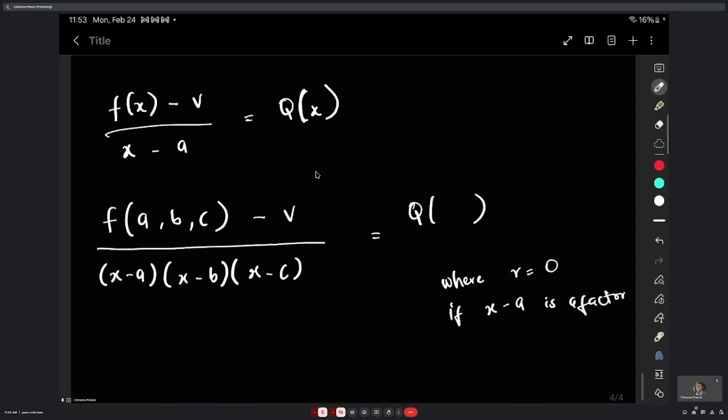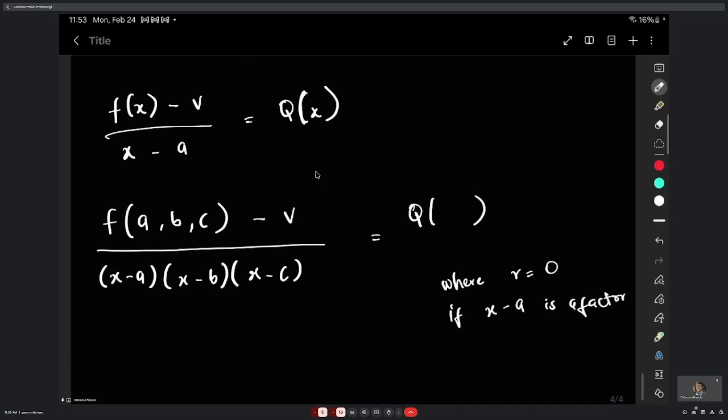Wait, I'm confused, because we are not supposed to even have f of a, b, c. Please change the variables. Use x1, x2, x3, or x, y, z. It's still the same thing. So then change that to x1, x2, x3.